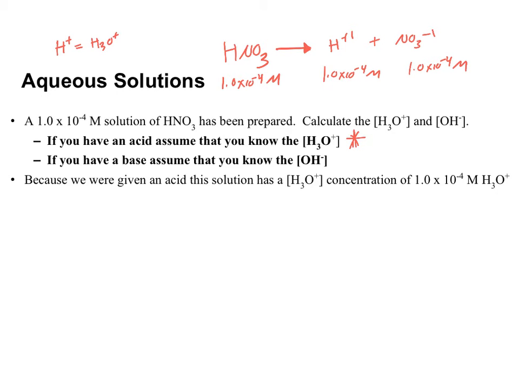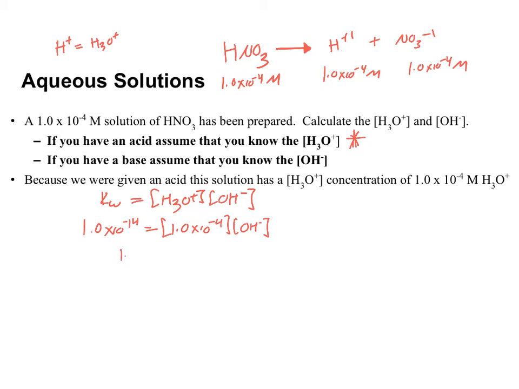So if I'm going to take Kw is equal to H3O plus times OH minus, and I know that Kw always has to be 1.0 times 10 to the minus 14, and we just determined that H3O plus's concentration is 1.0 times 10 to the minus 4, I can now go ahead and calculate the OH minus.